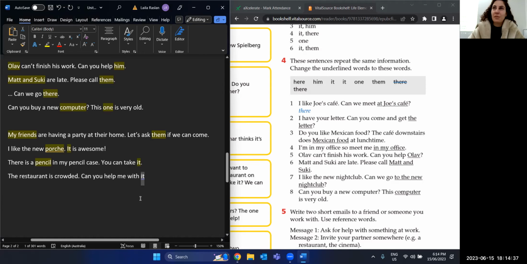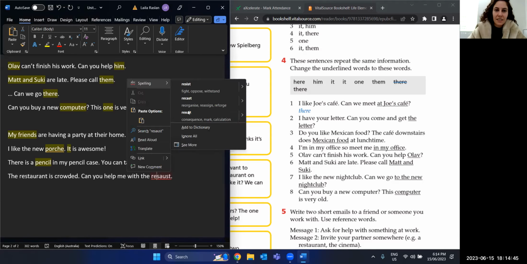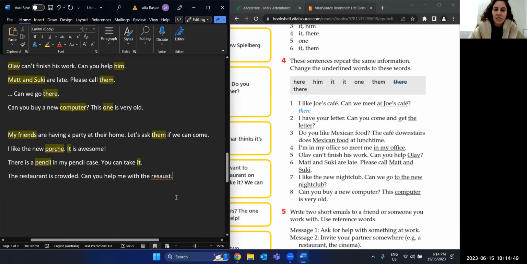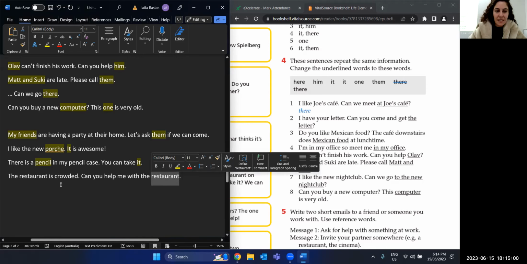What do you mean, can you help me with the restaurant? Because if I said to you, can you help me with the restaurant? It doesn't make sense. So if I want to replace this with it, it doesn't make sense. Can you help me with the restaurant?